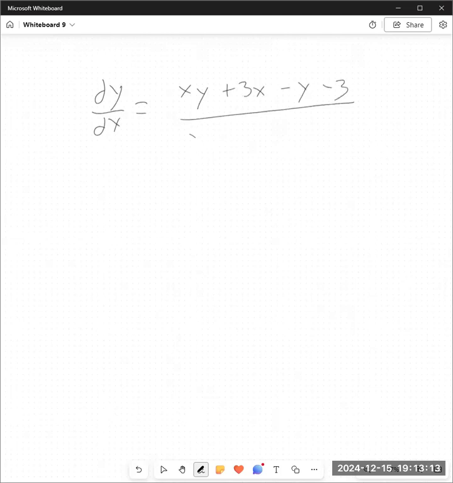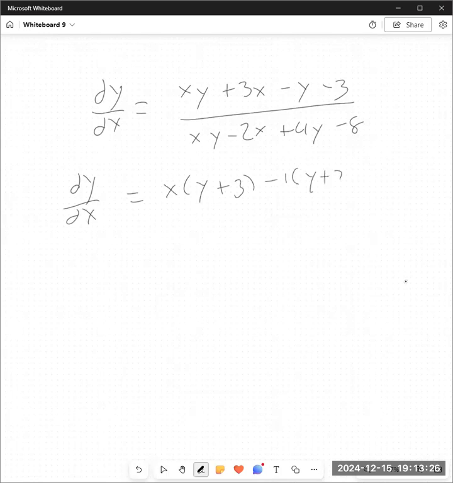19. I definitely wanted to get to this one because of the factoring technique used here. dy dx is x times y plus 3 minus 1 times y plus 3 over x times y minus 2 plus 4 times y minus 2.